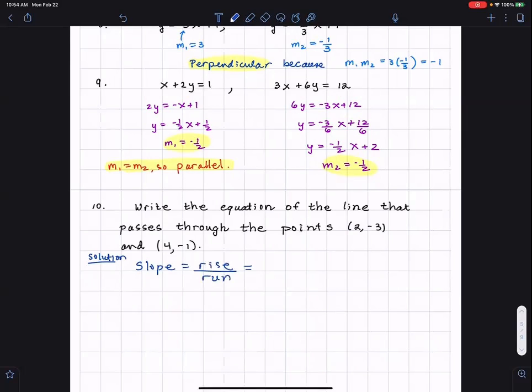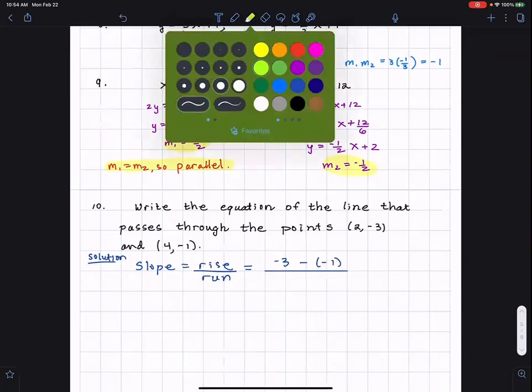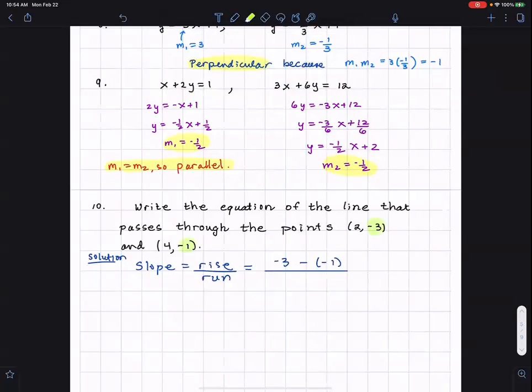I'll take the difference in the y coordinates: negative 3 minus negative 1. Then I divide by the difference in the x coordinates, 2 minus 4.